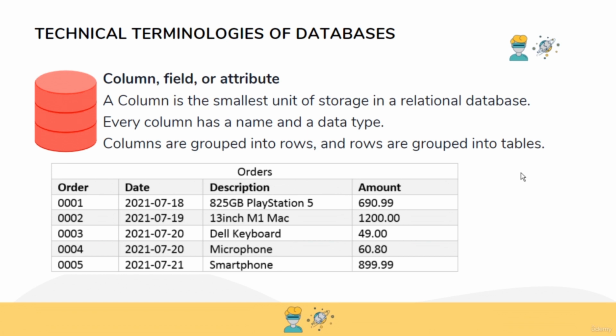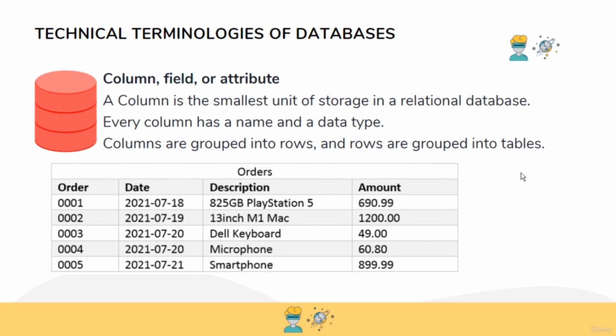We have, for example, right here, the columns of date, description, amount, and order. Let's focus on the date, description, and amount. For example, we have different values there. Description, what data type is there? It's a string. 825 gigabytes PlayStation 5 is a string. Amount, some databases can store them as real, doubles, integers, or number in a broader way.